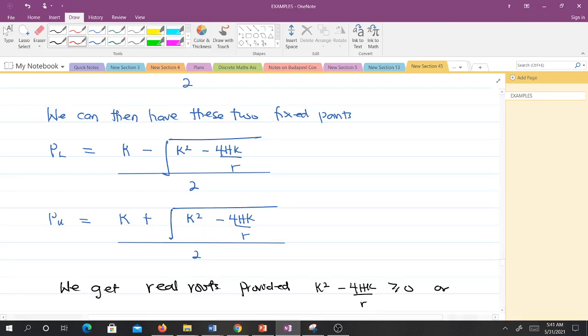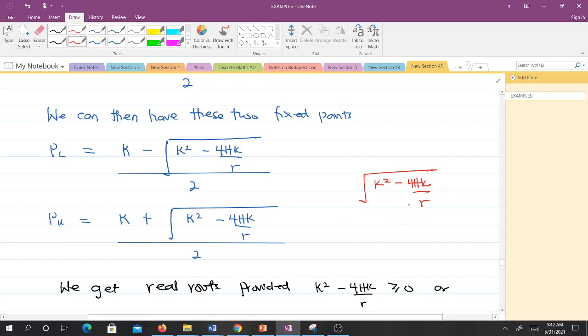And now we have to analyze these two fixed points to know when they are stable and when they are not. Okay, so first of all, we have the root of k squared minus 4hk over r, and whether we get complex roots or real roots is going to depend on this factor here.